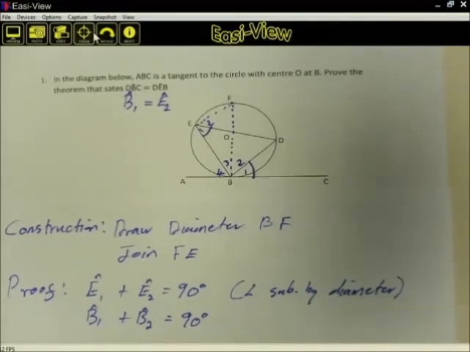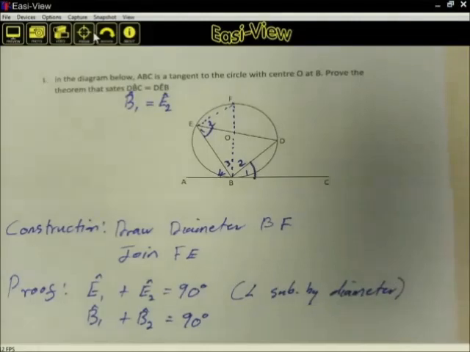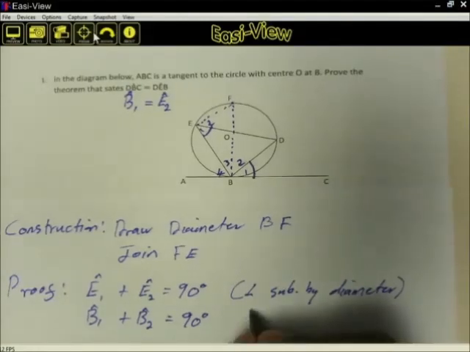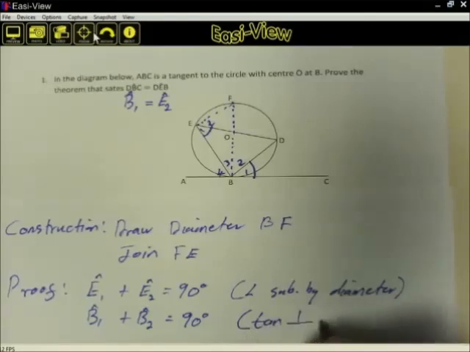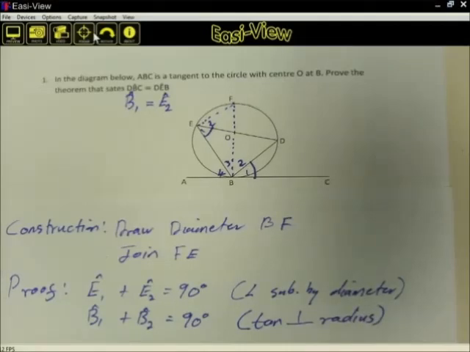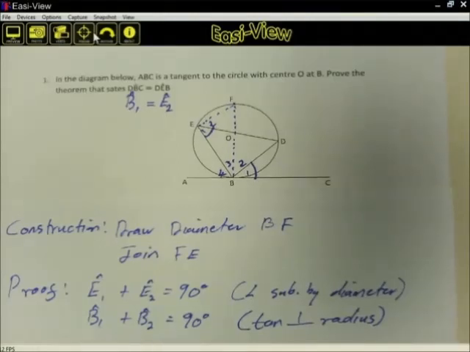Check out the reason, learners. Why do I say angle B1 plus B2 is equal to 90 degrees? The reason is because a tangent is always perpendicular to the radius. You know the theorem that states a tangent to the circle is perpendicular to the radius at the point of contact. So that's why we say angle B1 plus B2 is equal to 90 degrees.